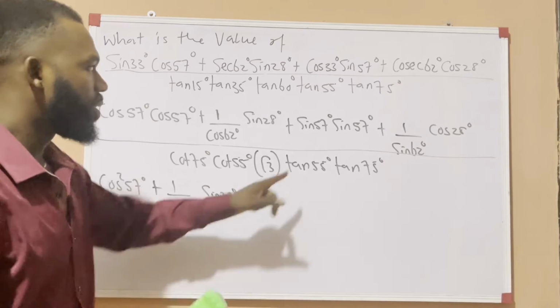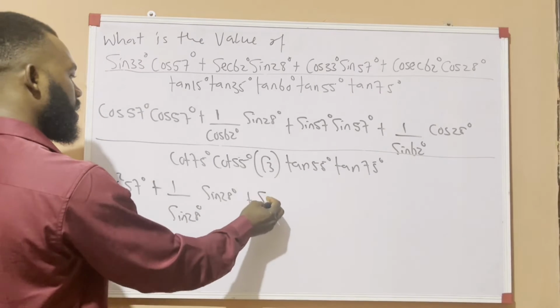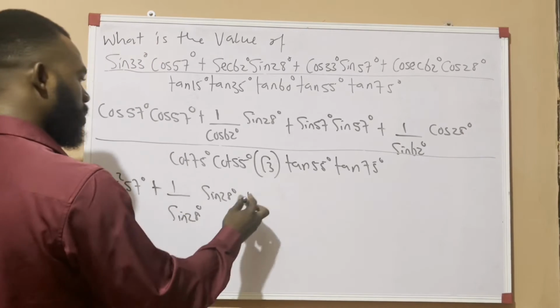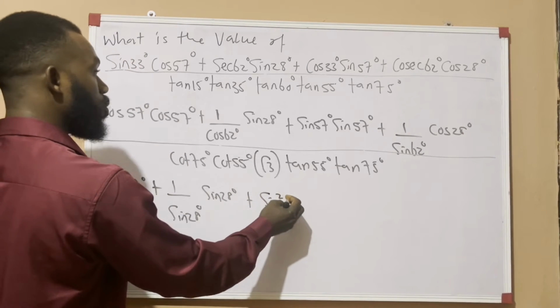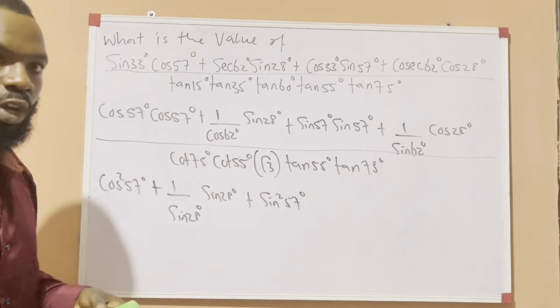Plus, now sine 57 degree times sine 57 degree can also be written as sine square 57 degree, according to the way we solved cos 57 degree.